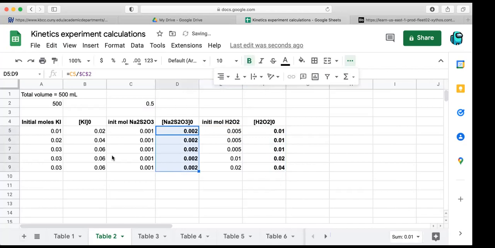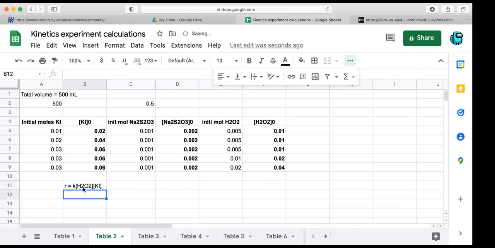Now, let's remind ourselves that this particular reaction, the rate of the reaction is K times the concentration of I minus, or KI if you want. Let's do the H2O2 first. H2O2 times the concentration of KI. But I'm missing something here.